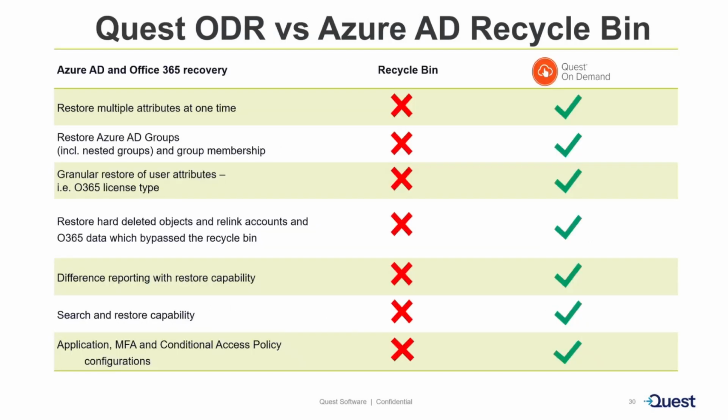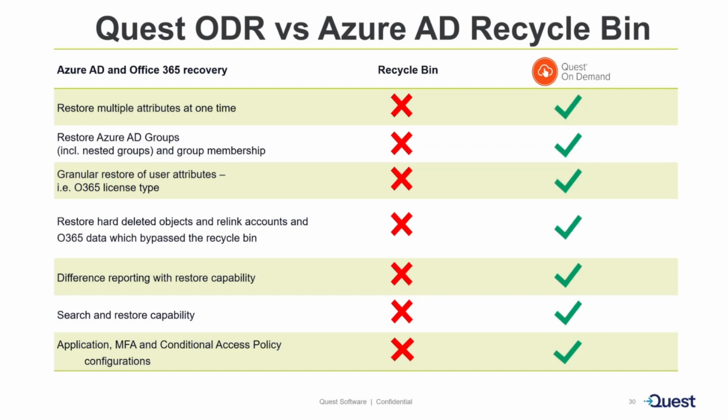Here we can see the differences between on-demand recovery and Entra ID recycle bin. In our tool, we can restore multiple attributes at one time. We can restore groups and group memberships. We can granularly restore the user attributes, for example, what kind of license the user had.